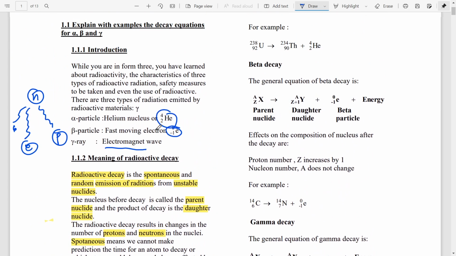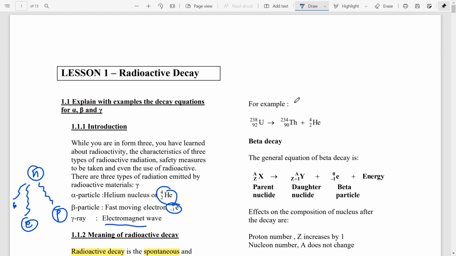Next, here we have an example. What you can see here, first, is uranium 238. Uranium's ID number is 92. If you look into your periodic table and find uranium, the atomic number is always 92.